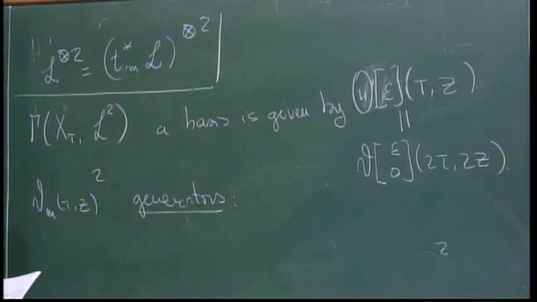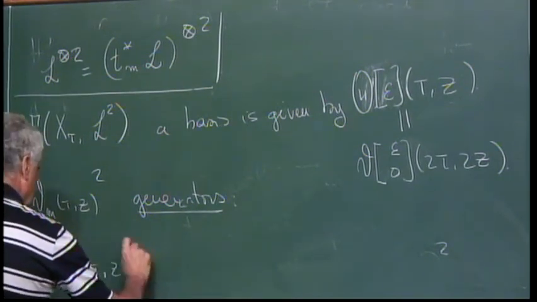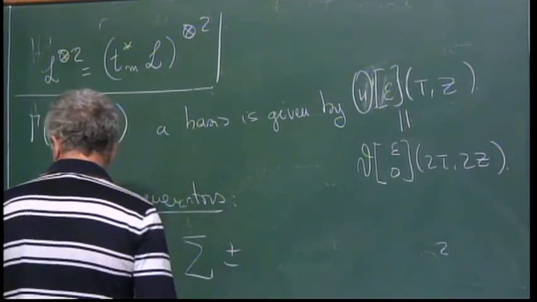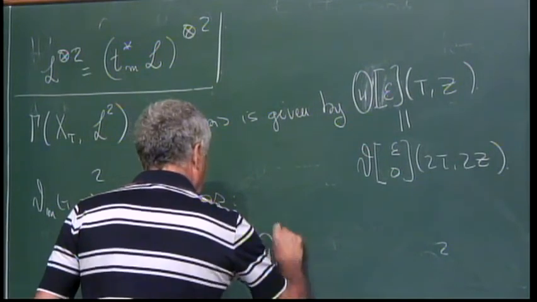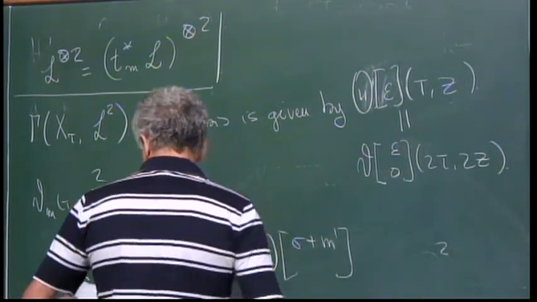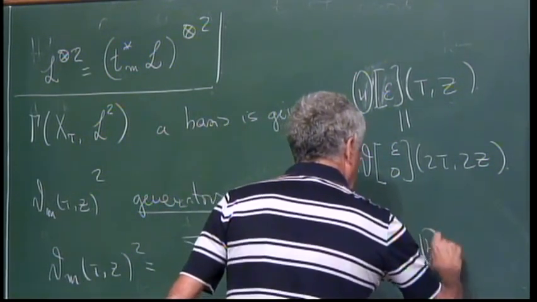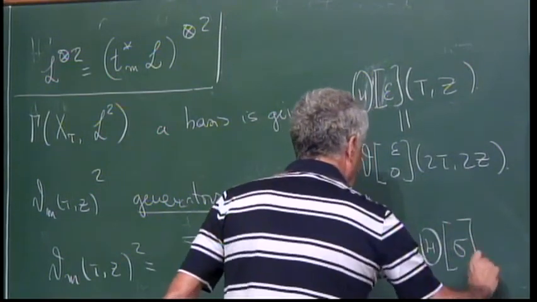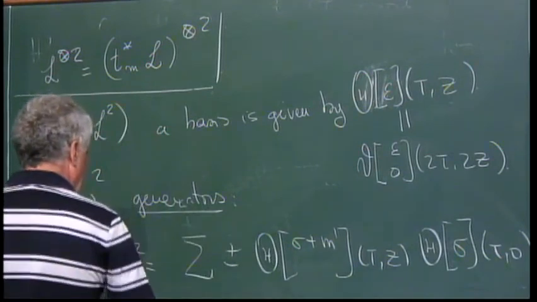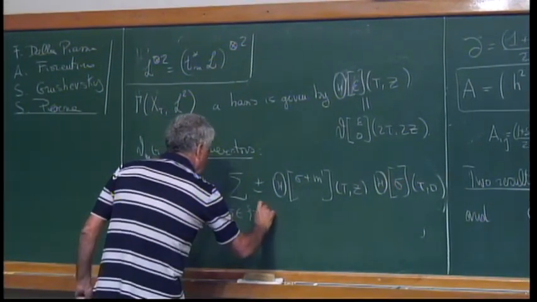So I was not there. So we have one way to express theta m tau z squared, equal to the summation, I want to write this as plus or minus, theta sigma plus m prime of tau z, theta of sigma of tau 0, a summation over sigma that belongs to {0,1}^g.